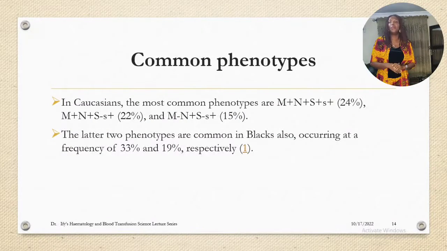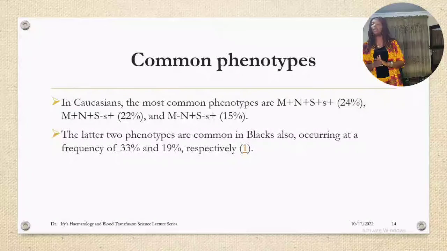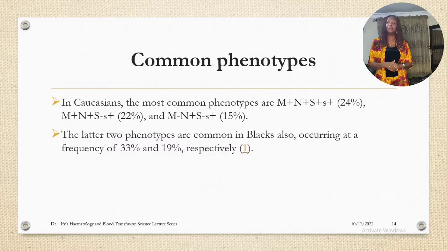Common phenotypes. In Caucasians, the most common phenotype is M plus, N plus, big S plus, little s plus, and you have about 24% of these individuals in Caucasians.